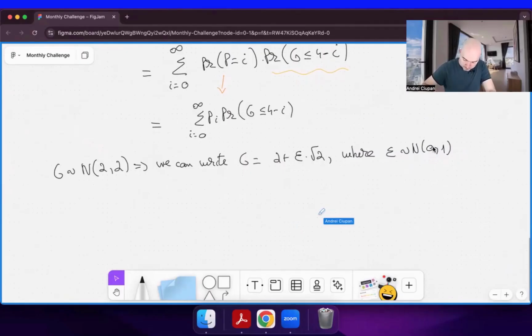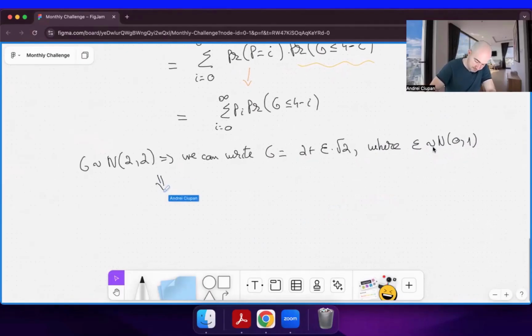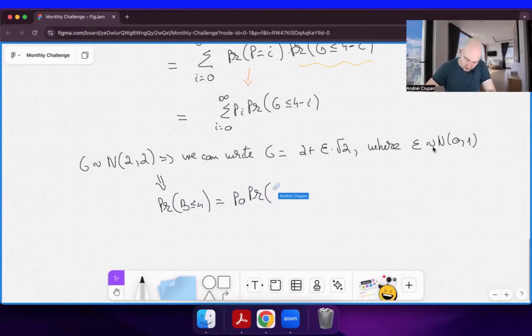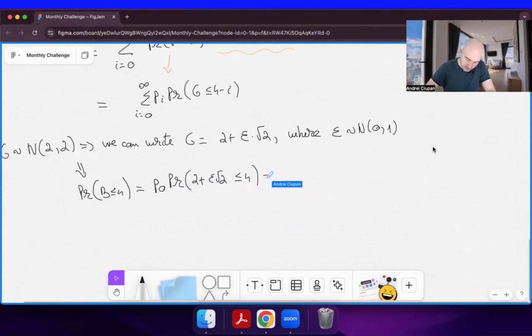So the probabilities above can be rewritten like this. If the Poisson is 0, then we need G less than or equal to 4. So 2 plus epsilon square root of 2 less than or equal to 4. If the Poisson is 1, we need G less than or equal to 3.